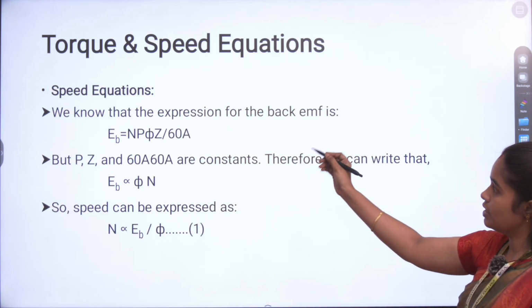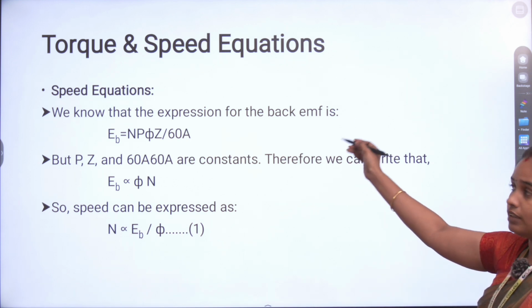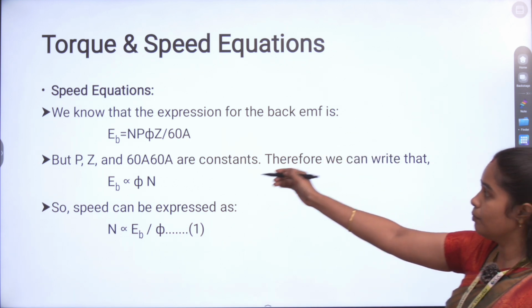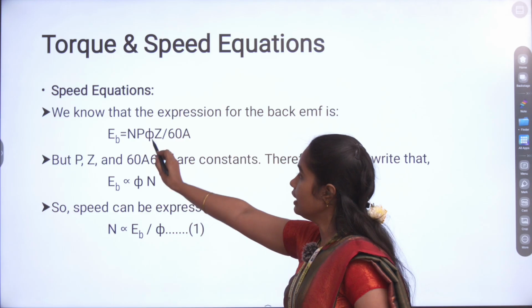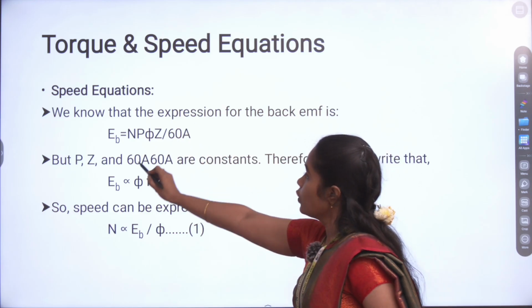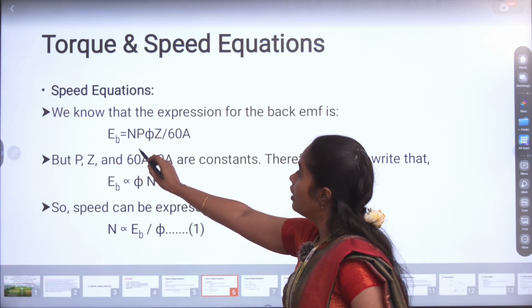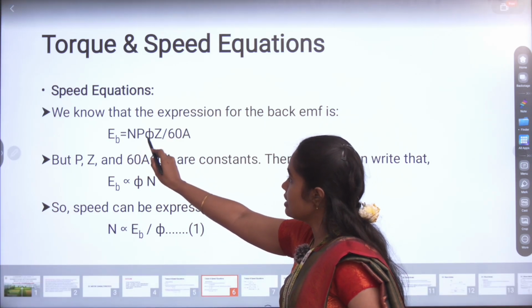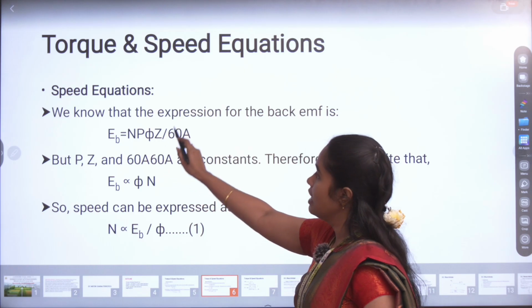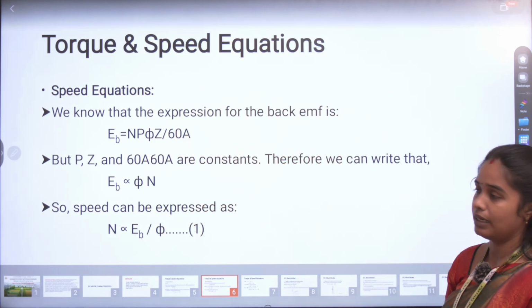And the second one is the speed equation. We already know about back EMF. The back EMF formula: EB equal to NP phi Z divided by 60A. EB is the back EMF, N is the speed, P is the number of poles, phi is the flux, Z is the number of conductors, and A is the number of parallel paths.